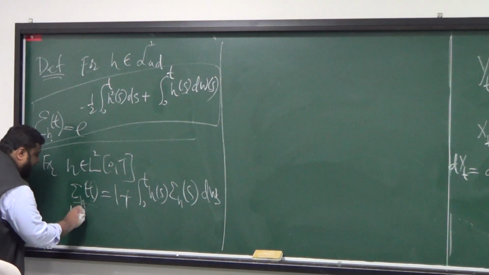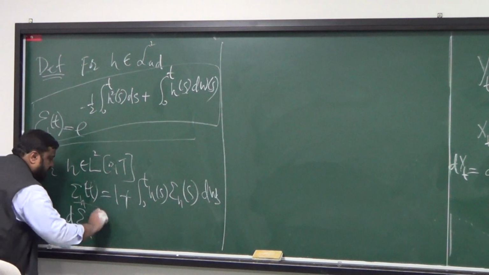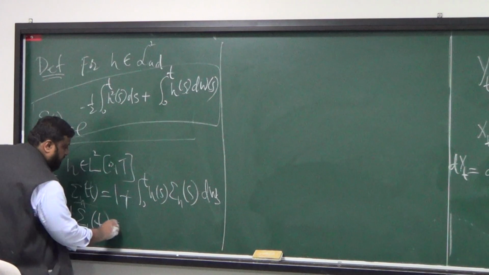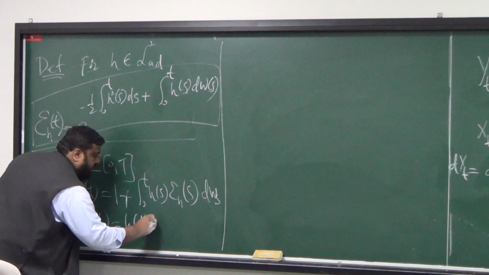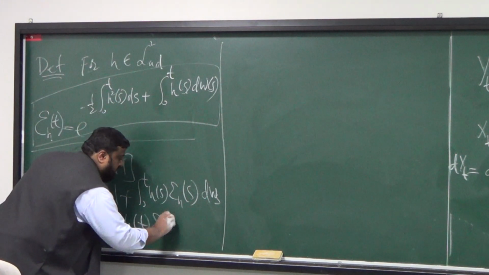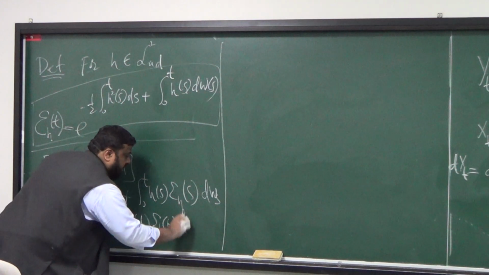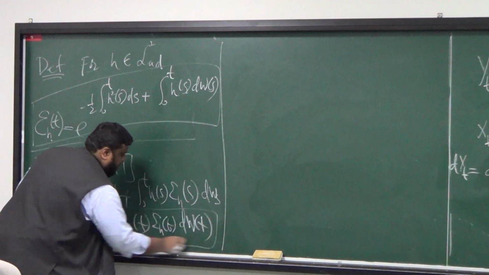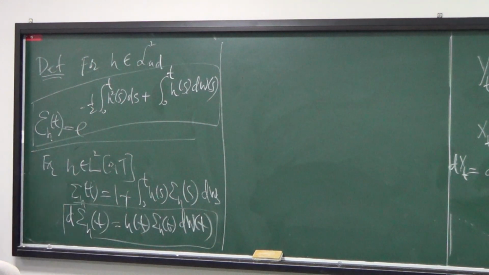So what would be the dynamics of the exponential process? The dynamics are going to be h of t times the exponential process of t times dW_t. So I just wrote this integral in differential form.